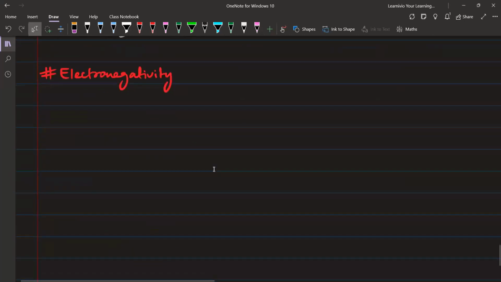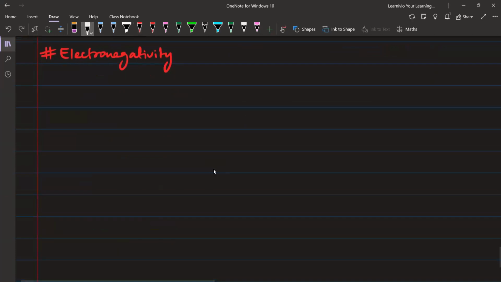Did you write this one? Hopefully you wrote the question. Electronegativity is shown by this particular sign, known as psi.